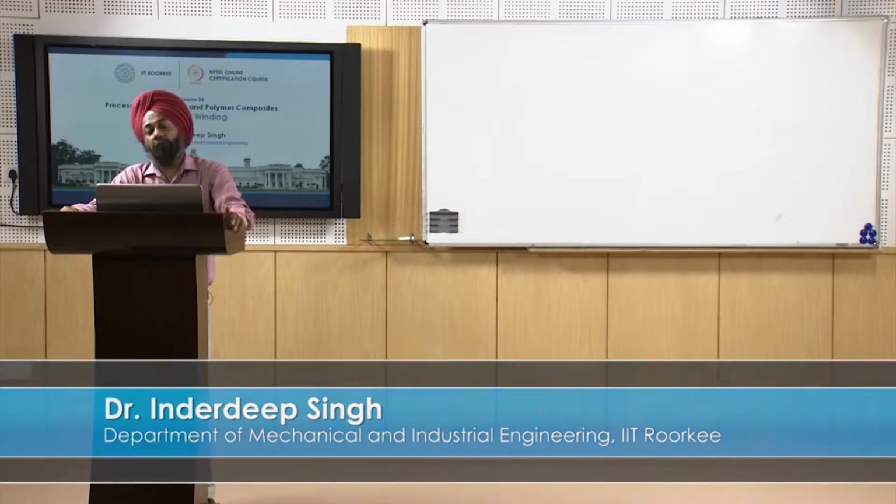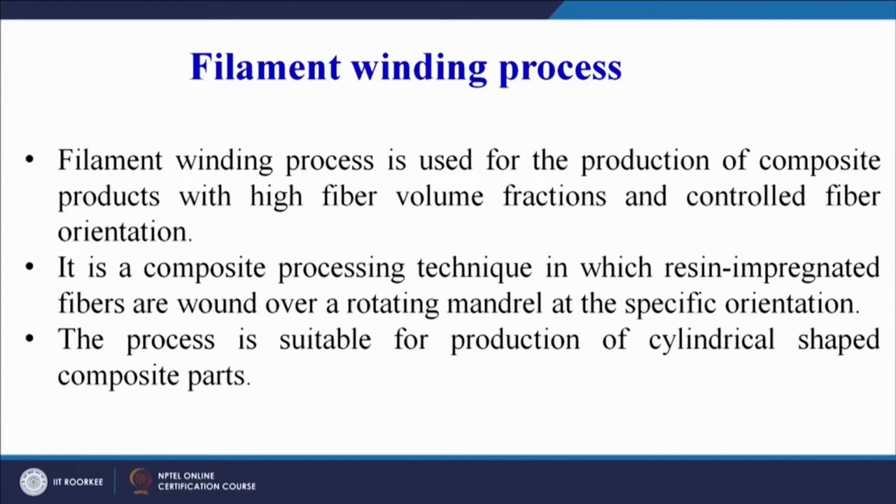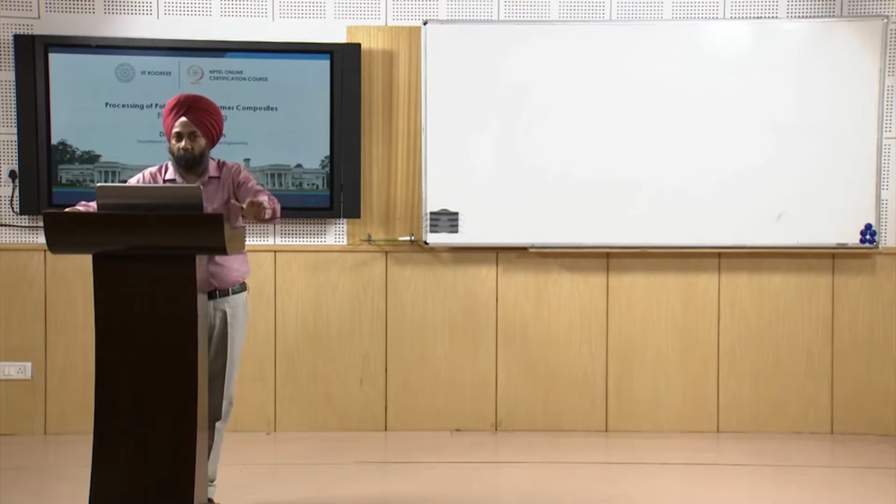So it is a composite processing technique in which resin impregnated fibers are wound over the rotating mandrel at specific orientation. So this one sentence completely summarizes the whole process, because here we are seeing resin impregnated fibers, which means the fibers are already impregnated with the resin during the process.